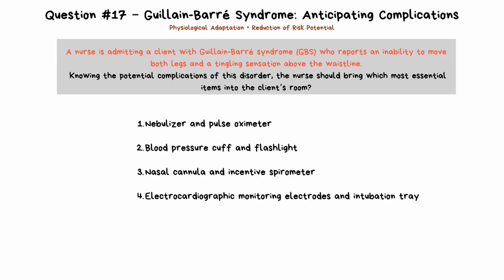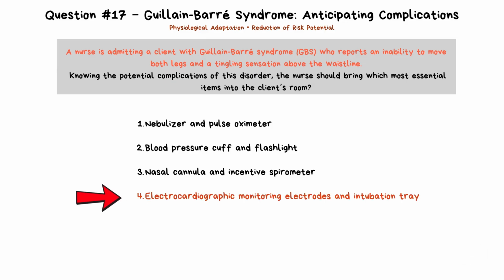A blood pressure cuff and a flashlight. Option 3. A nasal cannula and an incentive spirometer. Option 4. Electrocardiographic monitoring electrodes and an intubation tray. Think about the physiology for a moment. If the weakness is moving upward toward the chest, what's your biggest concern? Airway and breathing.